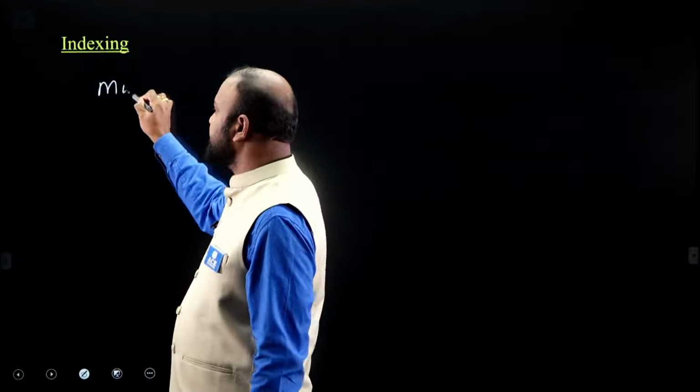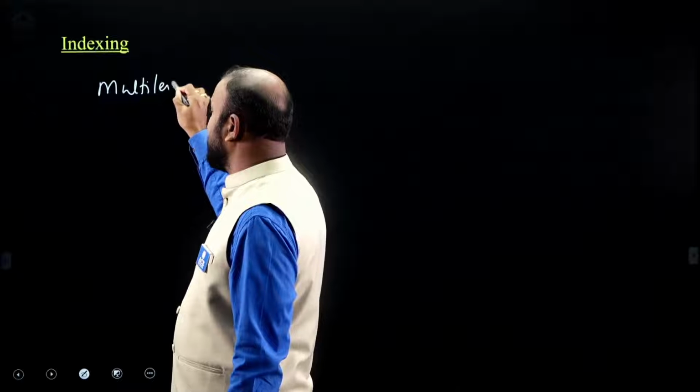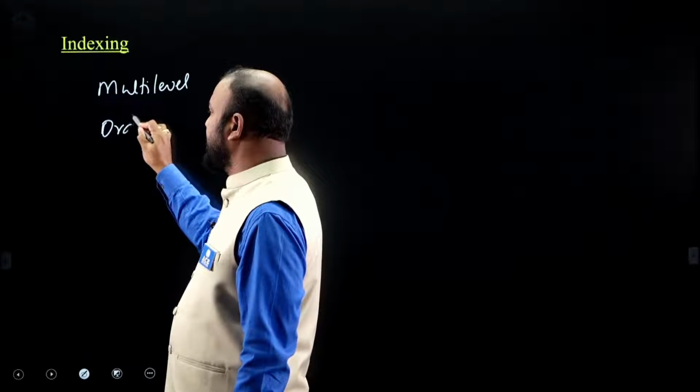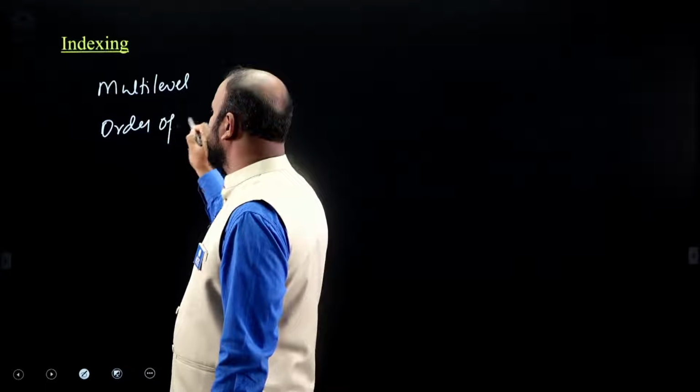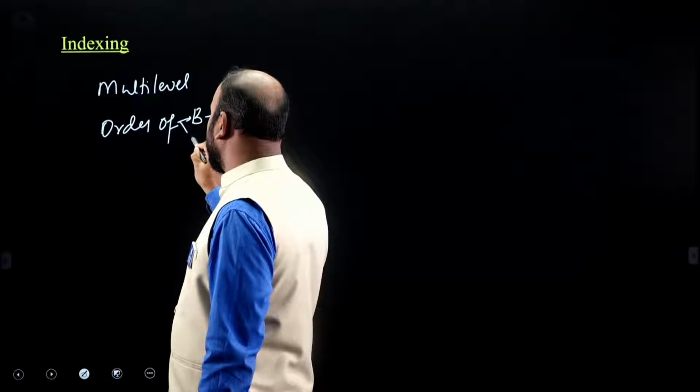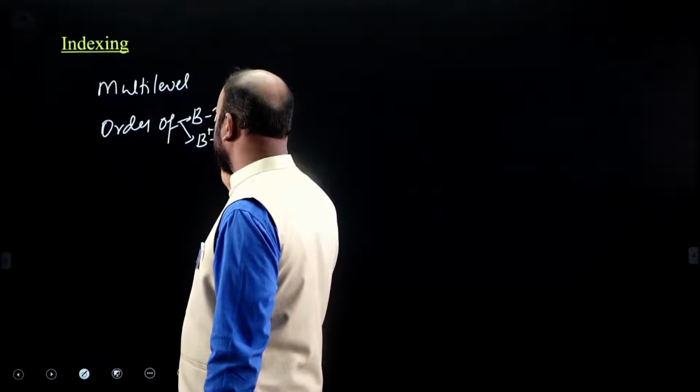And lastly, coming to the indexing chapter, undoubtedly questions were asked on multi-level index, and it is important to know how to find the order of a B tree and the order of a B plus tree.